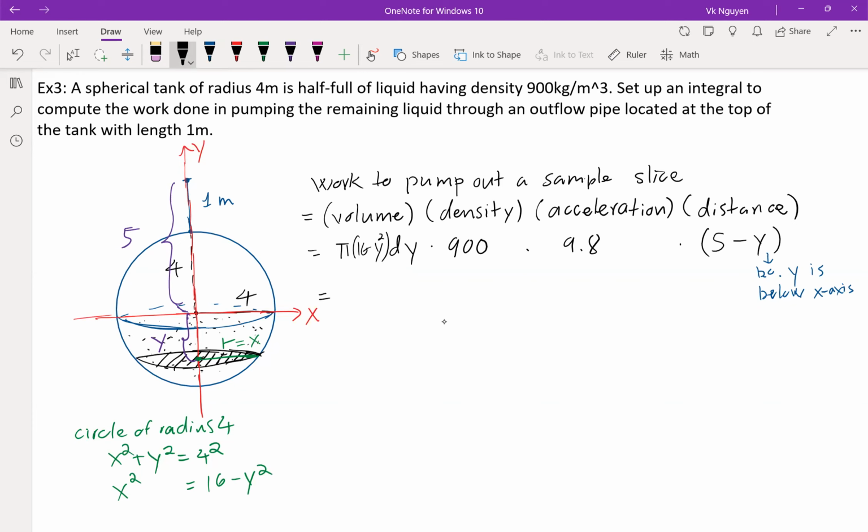Simplify this and we have 9.8 times 900 pi times 16 minus y squared times 5 minus y dy.